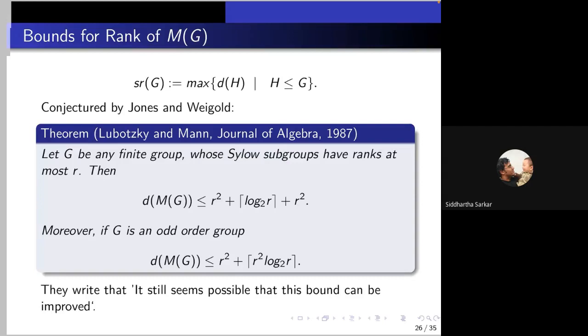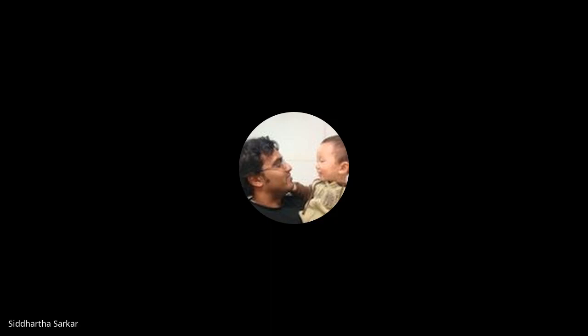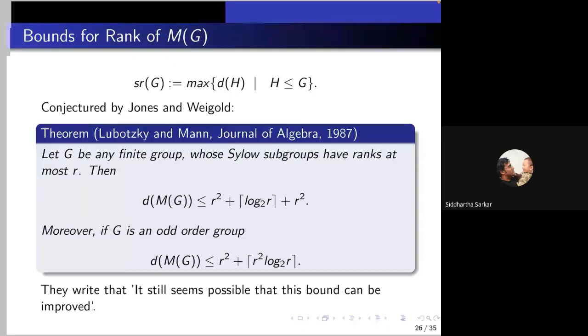They also write in the paper that it still seems possible that this bound can be improved. I haven't seen any paper which has improved this bound since then. At least I am not aware that this bound has been improved, although their bounds for the exponent of the group G in terms of r have been improved, but not this one.